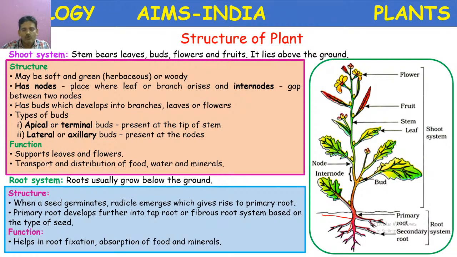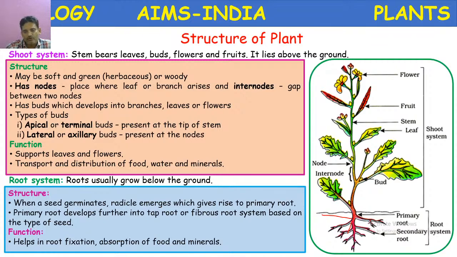This primary root grows straight into the soil, and it may be of two types, either tap root or fibrous root. Tap root means only one main root is present, with very few branches. But fibrous root means a greater number of branches are there. The primary root and root hairs are secondary roots.